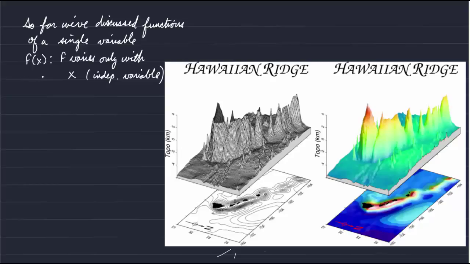Okay, and if f only varies with respect to x, then the only derivative we can take is with respect to x. So we can describe f prime being the derivative of f with respect to x, evaluated at some location, in this case x.